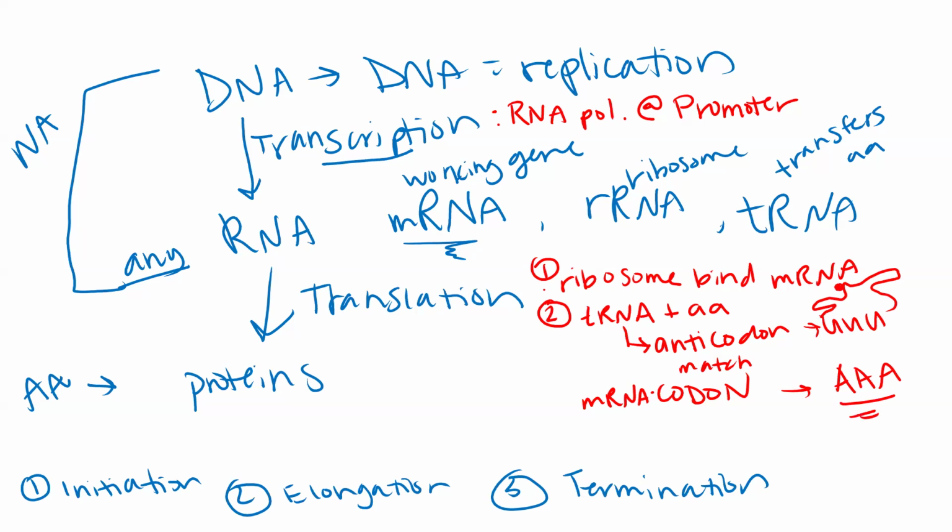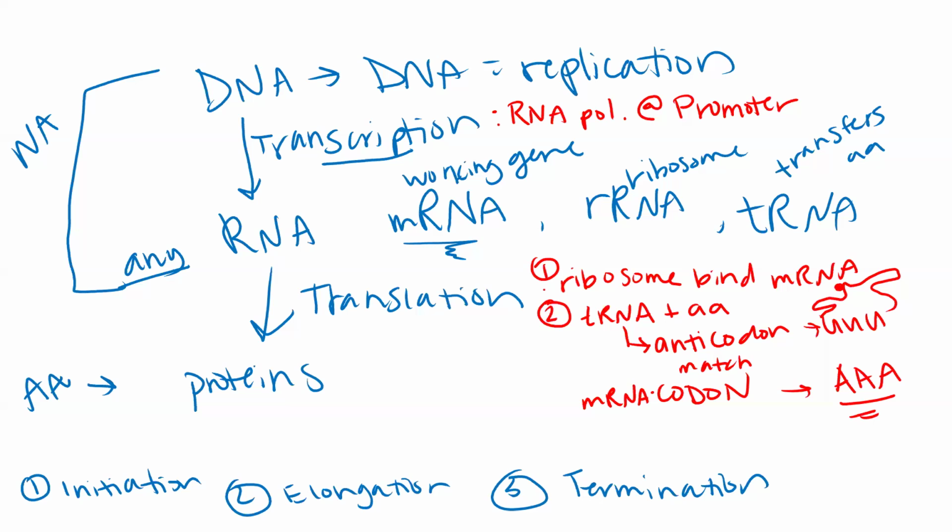You're not expected to know those for the class. You can look it up and see it so you know what's going on. You're aware of the possibilities, but you don't have to remember what AAA is for. So that's basically how that would be working as far as transcription and translation.